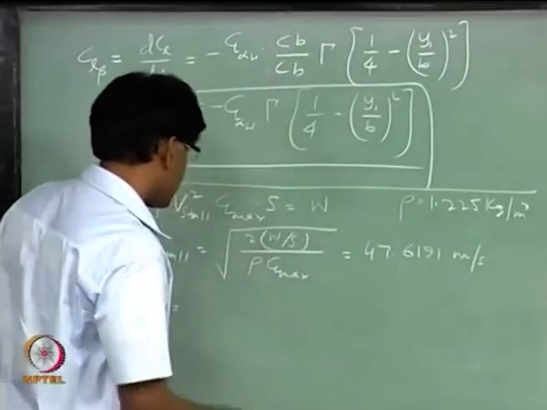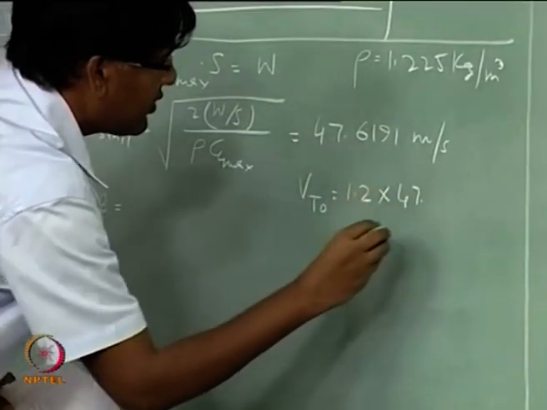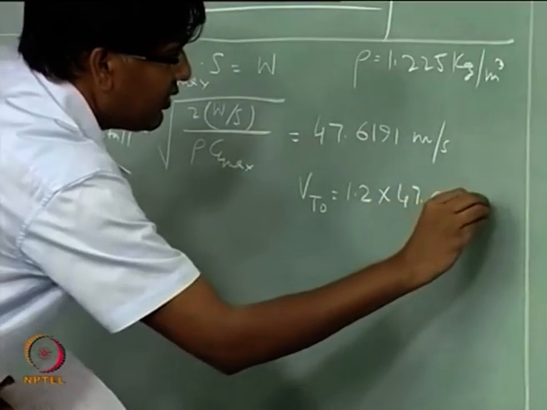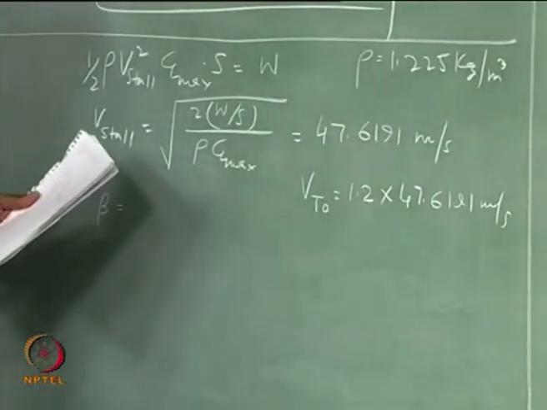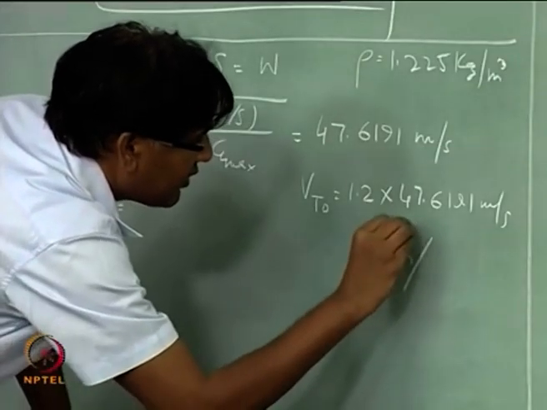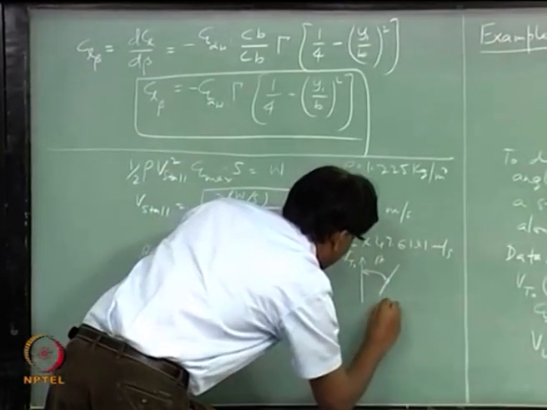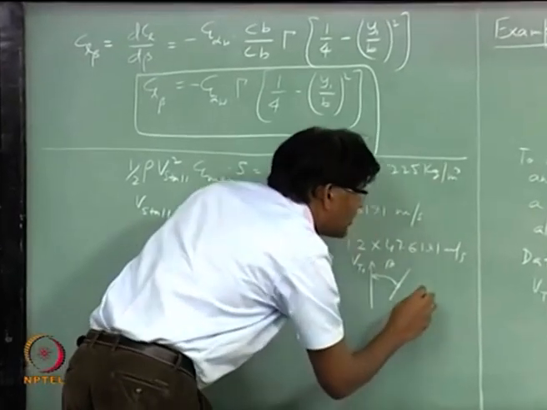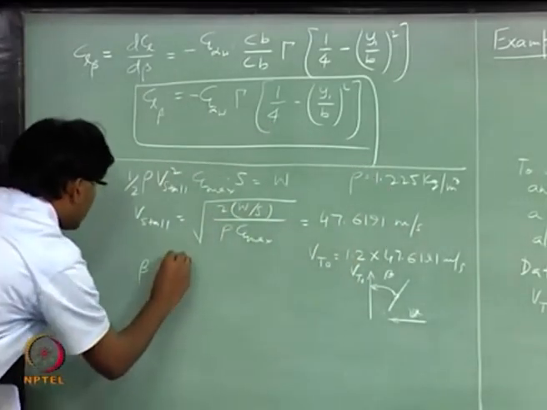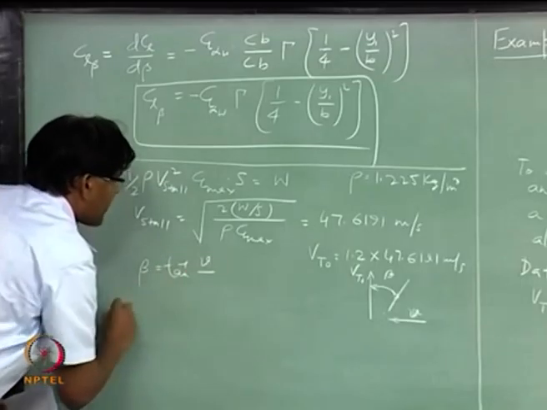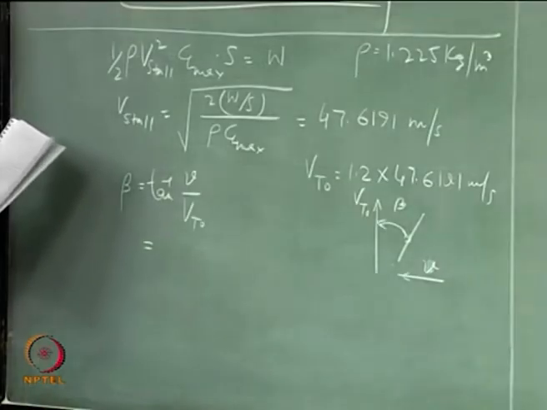So, V takeoff is, and so beta is this, you can find this.